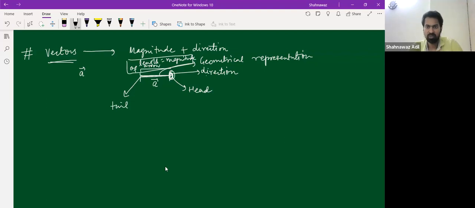So to represent a vector geometrically, we just draw it like this. So this is some vector. Understood?